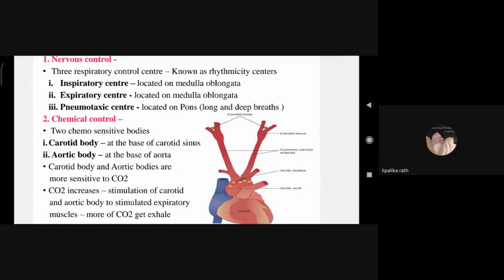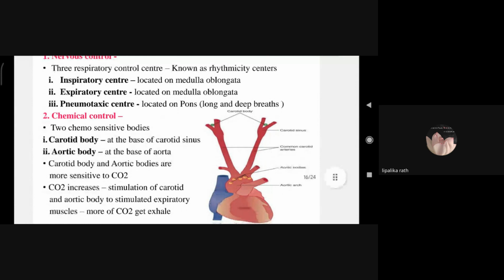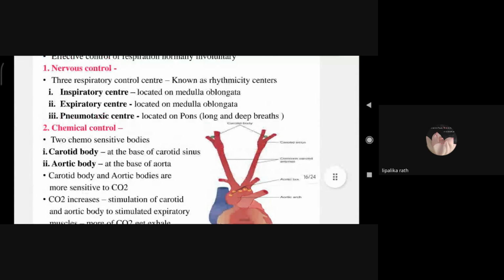We will read during the nervous system that the pneumotaxic center, which controls our deep and long breathing, mainly the speed of breathing, is located in the pons. If you know what the pons, medulla oblongata and cerebrum are, then I hope you understand. Otherwise we will study all these portions in the nervous system.